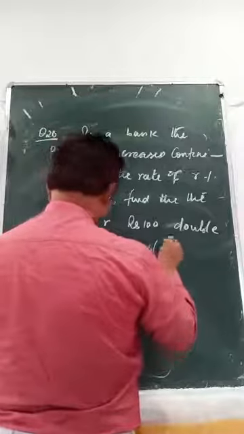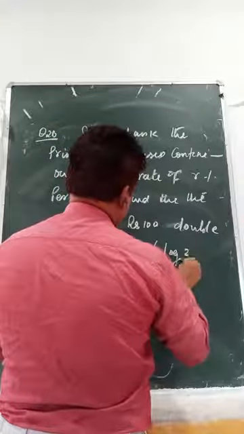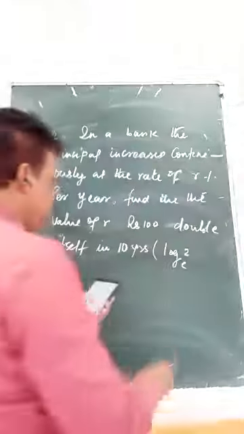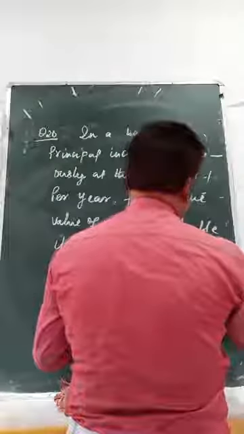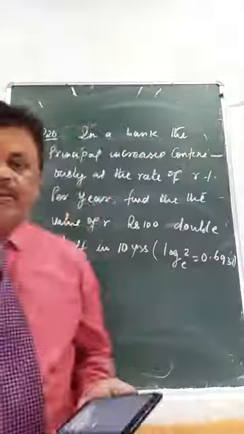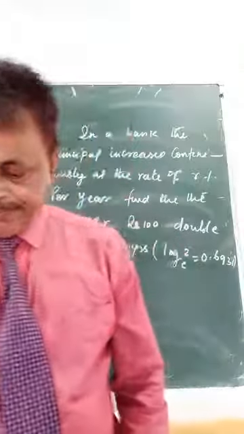So you are given log 2 base e, that is 0.6931. Similar pattern of question. How to do?